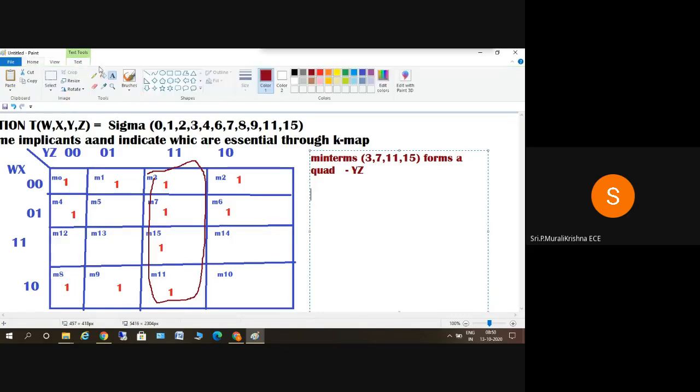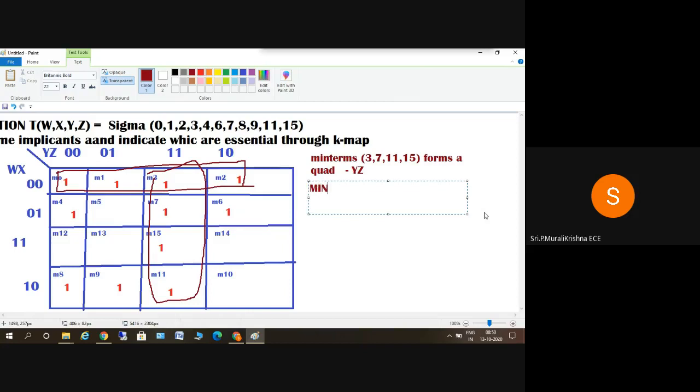We can group this one: M0, M1, M2, and M3. This is the second prime implicant, formed by minterms 0, 1, 2, 3. It forms a quad.